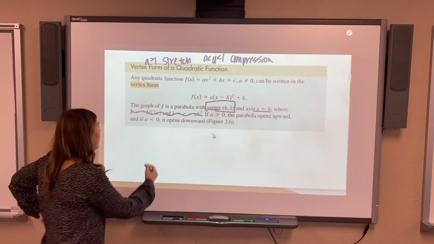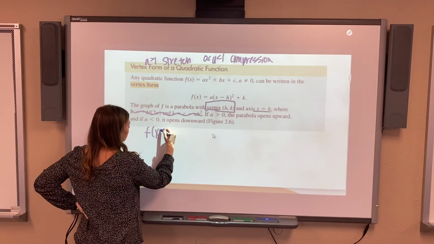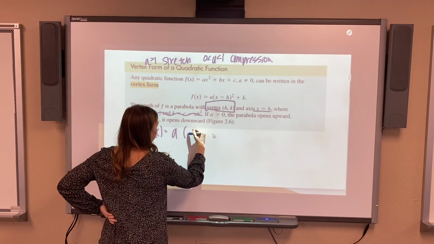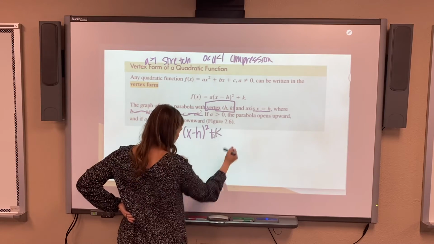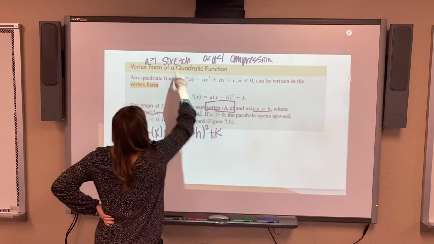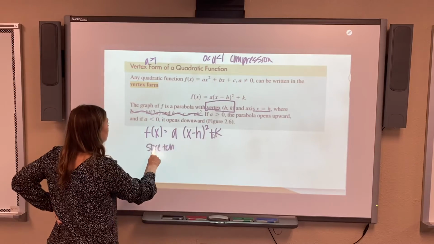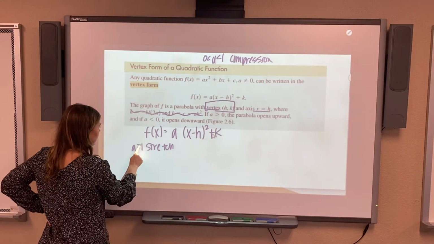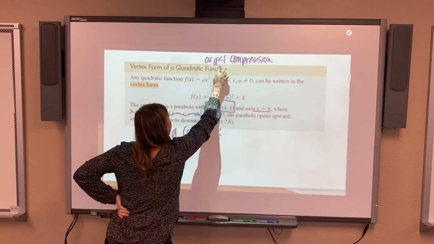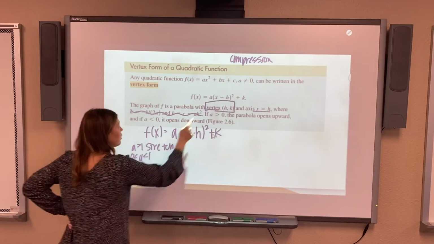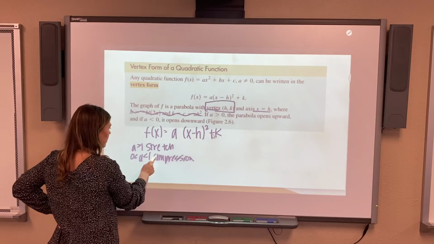Okay, so again, f of x is equal to a times (x minus h) squared plus k. This a, if a is greater than 1, it's a stretch. And if a is between 0 and 1, it's a compression. So I'm going to put that there.